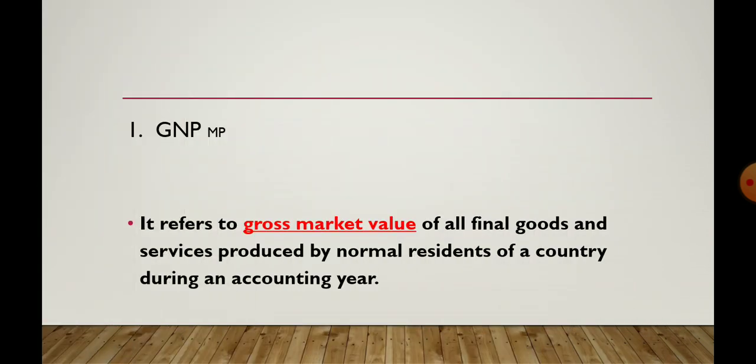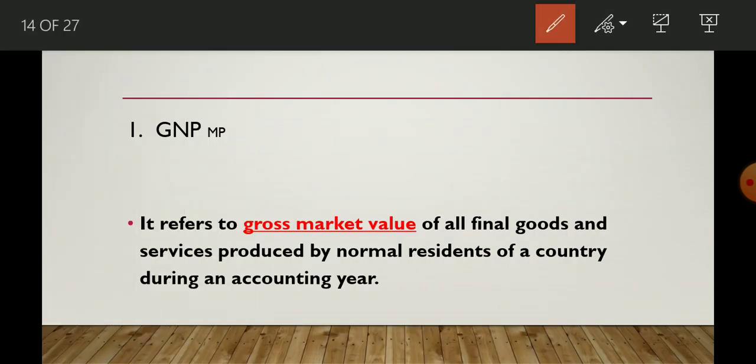Okay, first one is GNP MP. G stands for gross, MP stands for market value. Other things are the same, but it is a national concept. So we will write here by the normal residents in place of within the domestic territory. It refers to gross market value of all final goods and services produced by normal residents of a country during an accounting year.